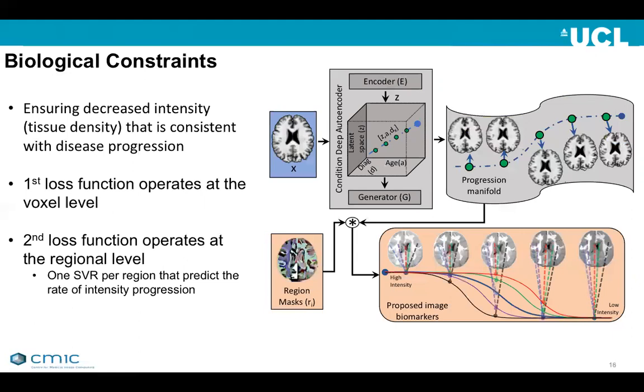And this simulates the aging or the disease progression in the brain. Each region progresses differently, and this support vector regressor helps the deep learning framework to model the disease accurately.